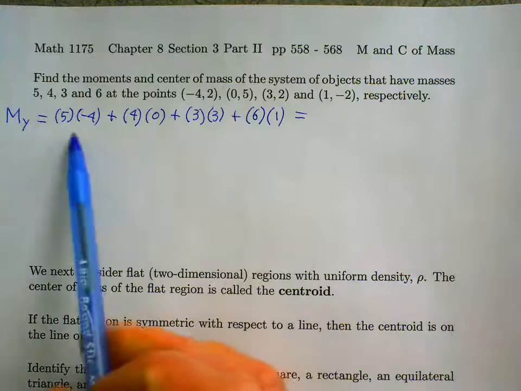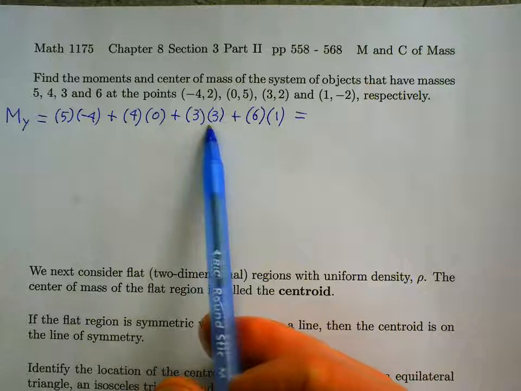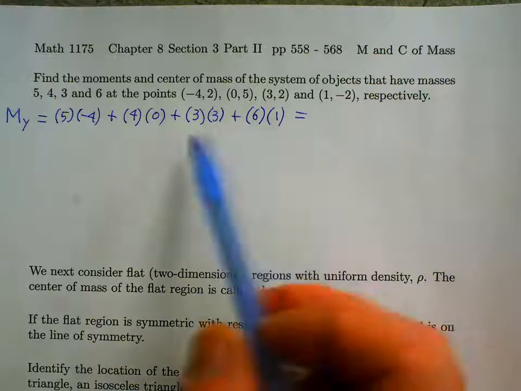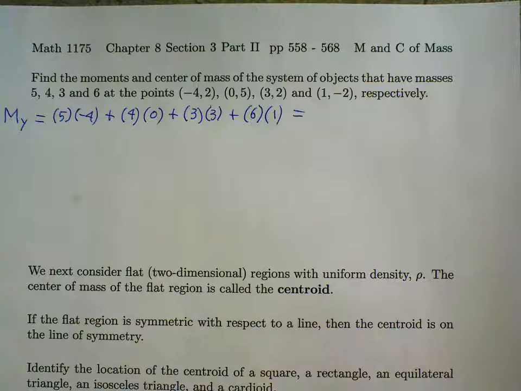Okay, so we have -20 plus 0 plus 9 plus 6. So what do we get? -5, right?